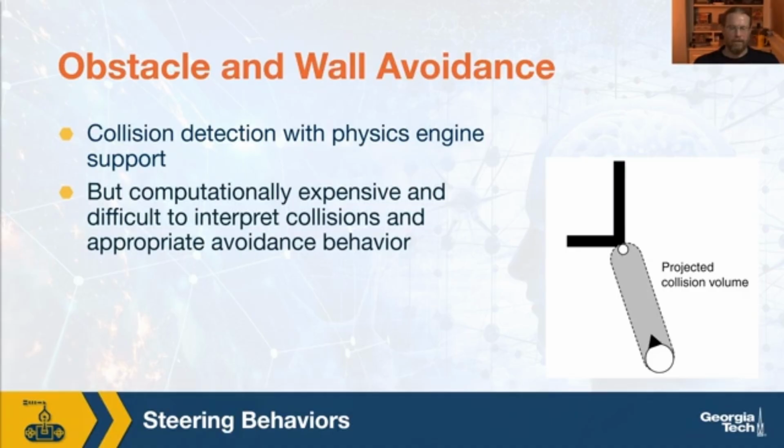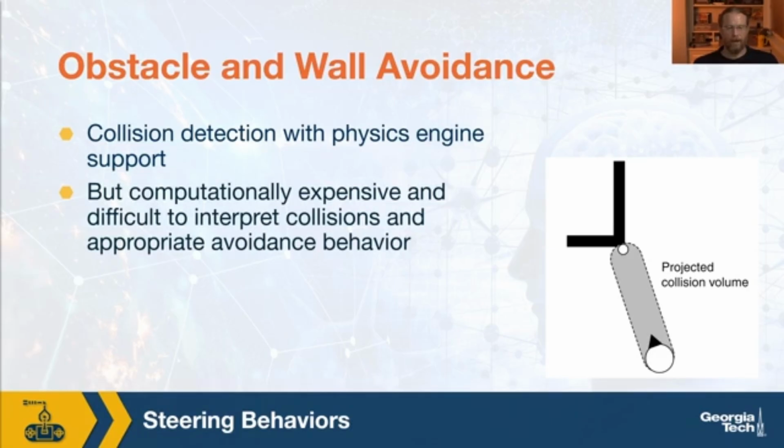Now, you could use other approaches, such as, with the support of a physics engine, using the collision detection capabilities and testing against a projected or extruded collision volume or area, so that we could get relatively efficient collision detection, but this will be much more computationally expensive.